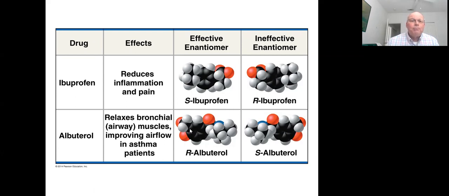In the trans form, they're on opposite sides. And then we have the mirror image isomers, otherwise known as enantiomers, left-handed and right-handed versions, and they exist because there are 4 different things arranged around the central carbon, which causes that carbon to be asymmetric, or to use the more appropriate chemical term, it is a chiral carbon.